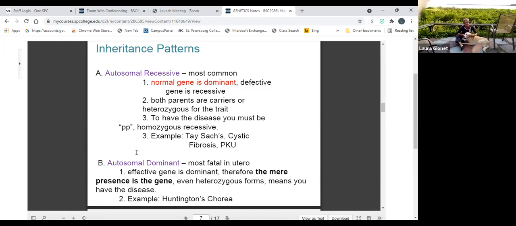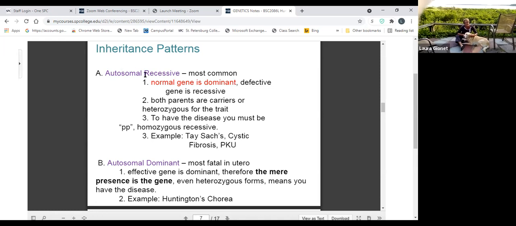In contrast, autosomal dominant, below this, is going to be the opposite. The disorder or the trait will dominate, and normal is going to be recessive. So in either case, whatever dominates is identified with a capital letter.